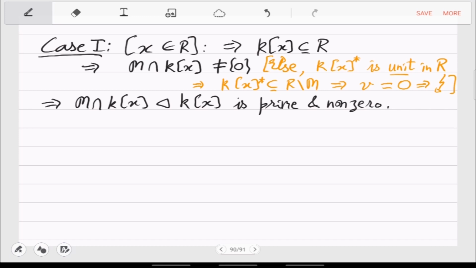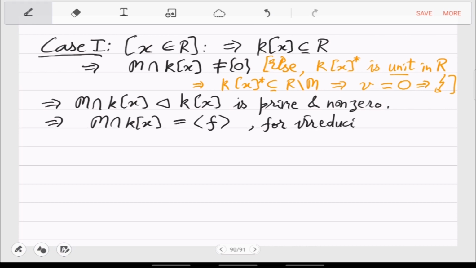So what you get is that this ideal is generated by an irreducible polynomial f, which means that M itself is generated by this f.